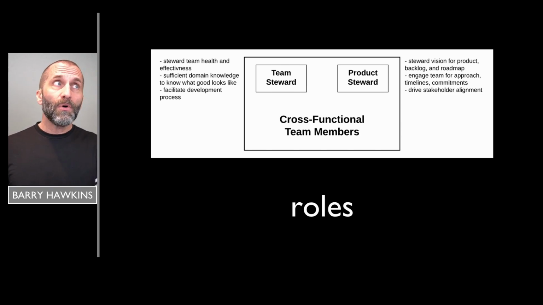So no roadmap presented by a product steward for a team should ever be a surprise for any member of that team, unless they were out sick or on vacation and they're seeing it right when they get back. But apart from that rare exception, they should never be surprised by a roadmap that gets shown at a team meeting or an all hands, because they helped craft that roadmap together with the product steward.